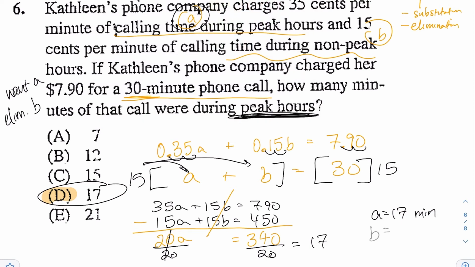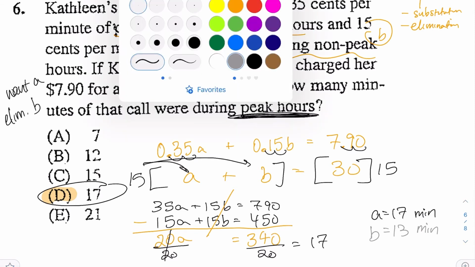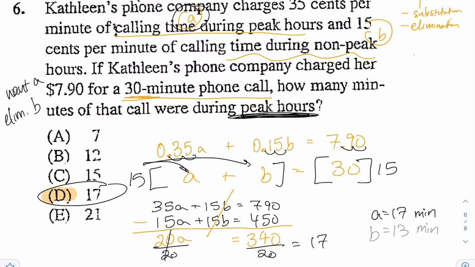Now we can always check our work. If A is equal to 17, B would have to be 13 because they have to add up to 30 minutes. And then you can do the check for 17 minutes. It's 35 cents, and that's going to be $5.95. And then you also have 13 minutes for non-peak hours.